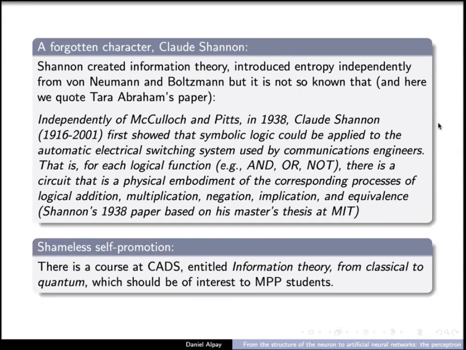What he also did for his master thesis was connect all the logical functions in terms of and/or with mechanical systems. So he was very close to these kinds of ideas, but he did other things after that. Information theory was in 48. And at CAT, there is this course, information theory from classical to quantum, which sometimes is given, when overload is allowed.